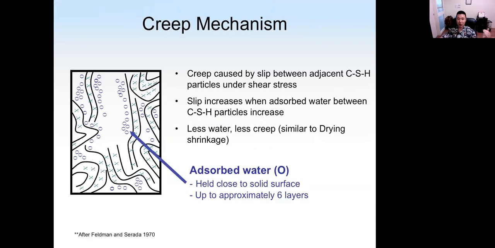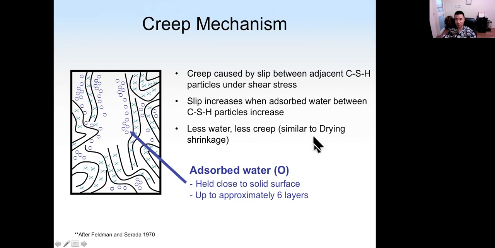Right. So creep is caused by slippage between adjacent CSH sheets under the shear stress. The CSH sheets are the black layers, the black lines. And slip increases when absorbed water between the CSH particles increases, which is this water. The less water, the less creep.